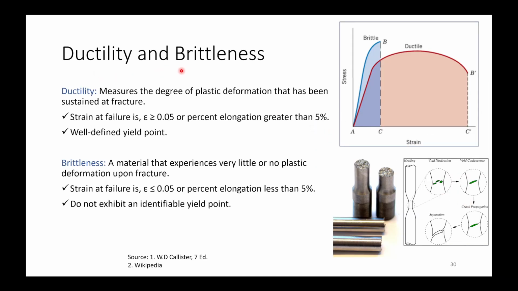Now ductility and brittleness. For ductility, we measure the degree of plastic deformation that has been sustained at fracture, and if the strain at fracture, the percent elongation, is greater than 5%, or strain is 0.05, more than this, then it will be a ductile material and it will have a well-defined yield point.